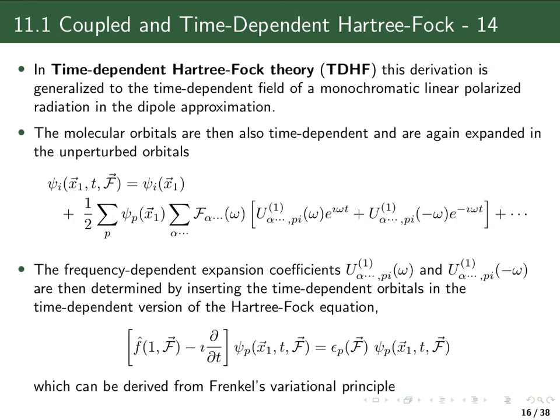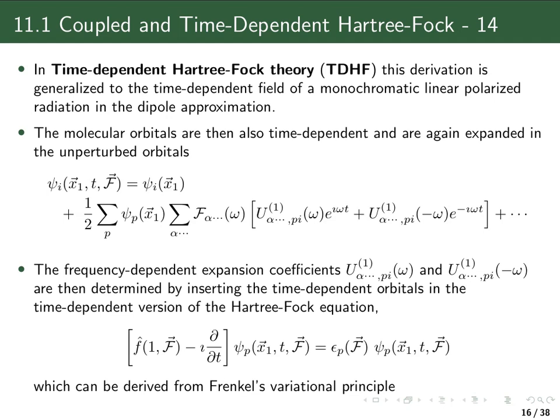Now let's look at the time-dependent case, which means let's look at time-dependent Hartree-Fock theory, TDHF. So this is essentially a generalization of the derivation which we had done just before to the case of a time-dependent field. And here we also will look at the monochromatic linear polarized radiation. And we'll again use the dipole approximation or the long wavelength approximation.